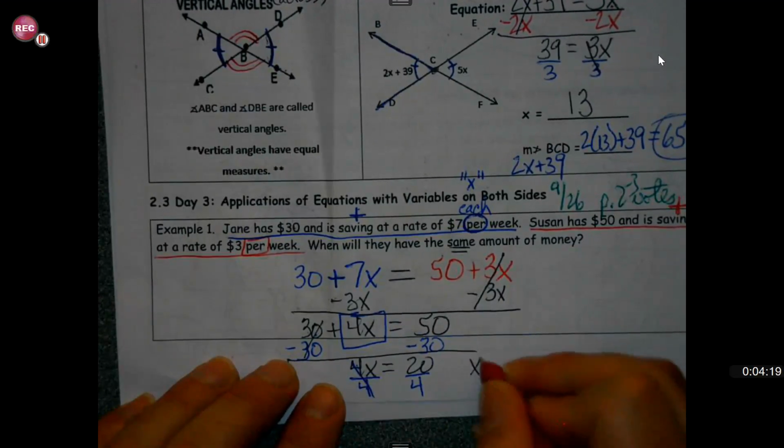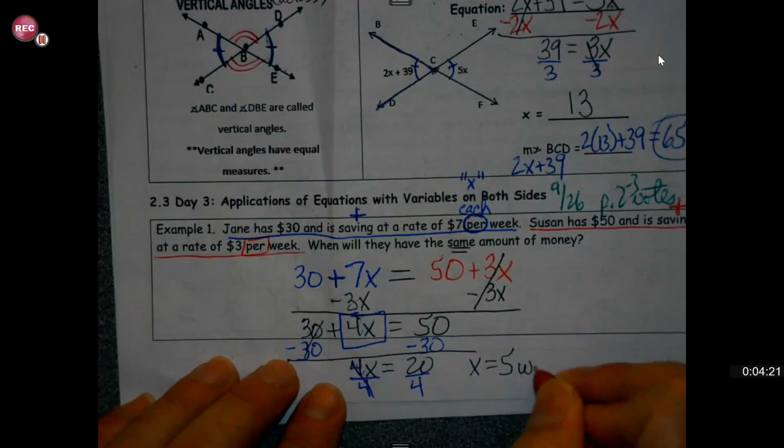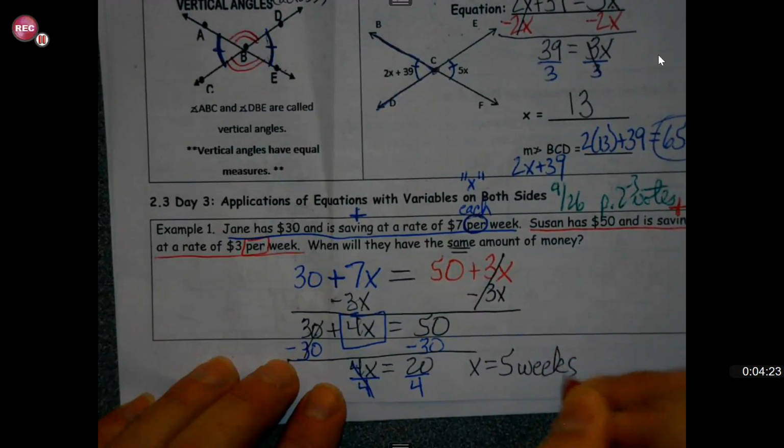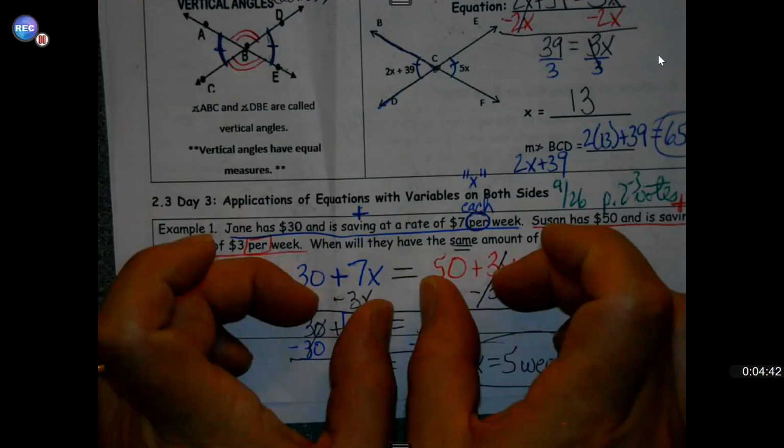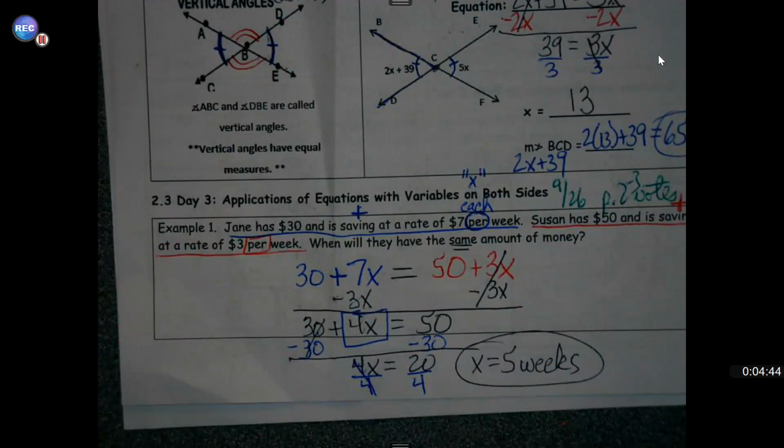We're going to divide and find out that, yes, indeed, it will take 5 weeks for them to have the same amount of money. But the one nice thing with these applications is you know that your two parts are going to equal. So I get my 2 separate pieces, I put an equals in the middle, I'm going to be right in what I'm doing.